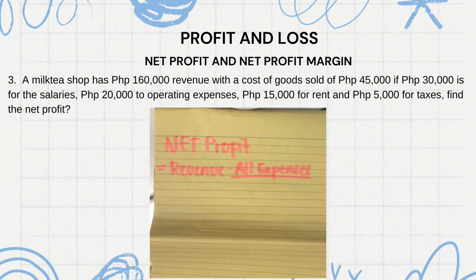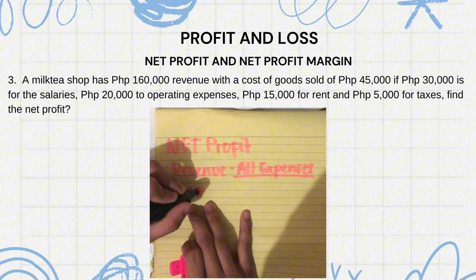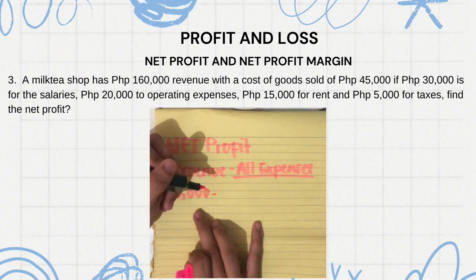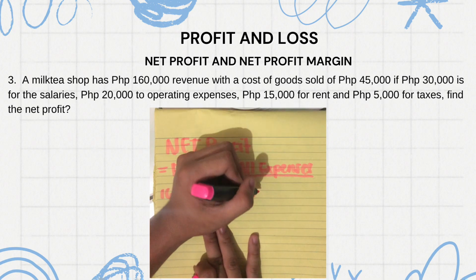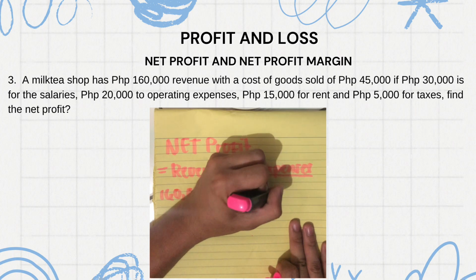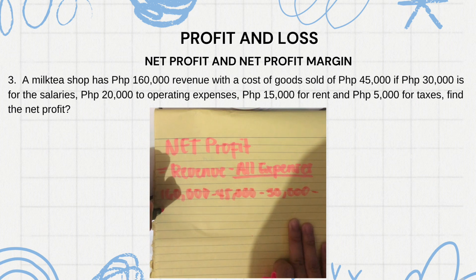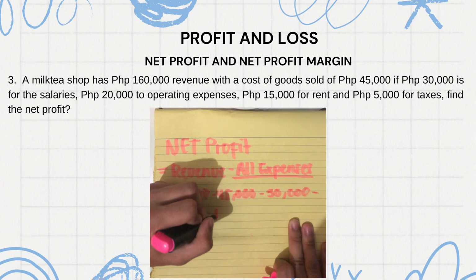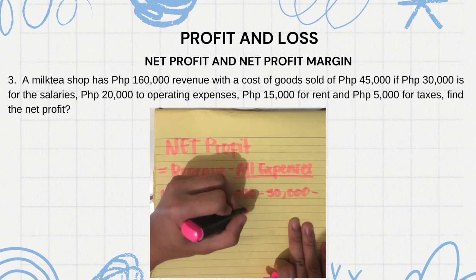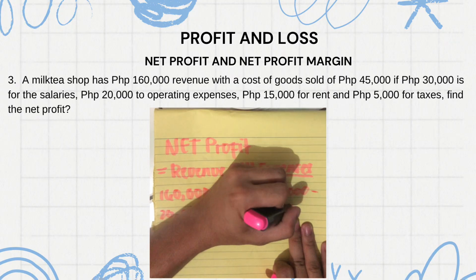Find the profit. So for our revenue here, 160,000 subtract 45,000 minus overhead 30,000 minus again 20,000 and 15,000 and the last is 5,000.